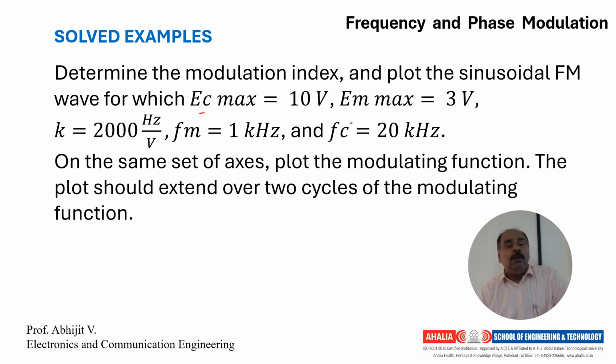So you are given Ec max and Em max to be 10 and 3. You are asked to find out the modulation index, and then you are asked to plot the sinusoidal FM wave. On the same axis, plot the modulating function also. The plot should extend over 2 cycles of the modulating function.